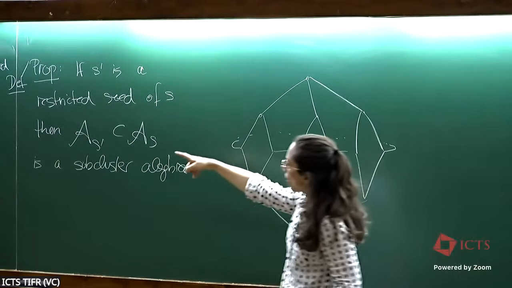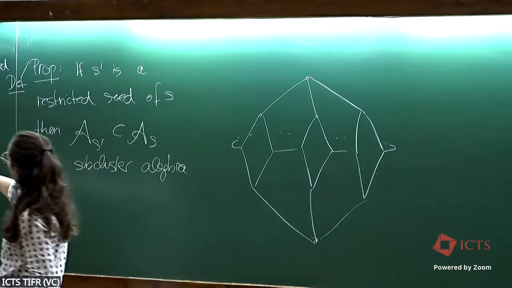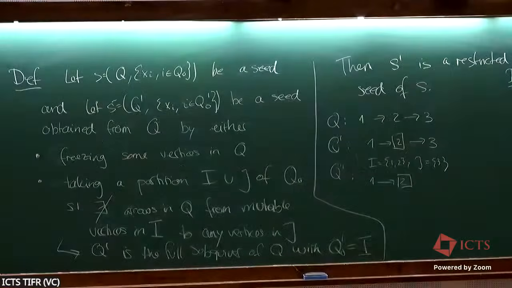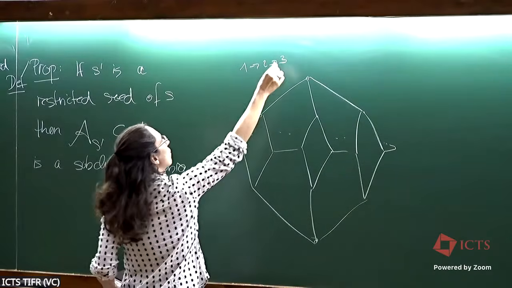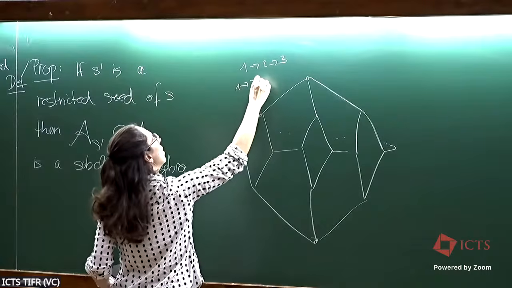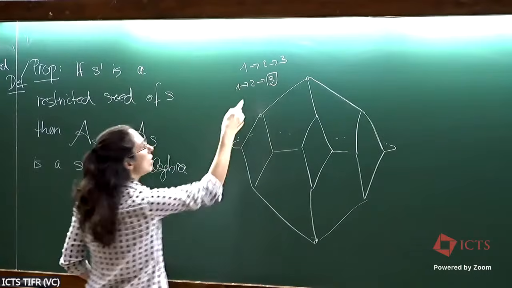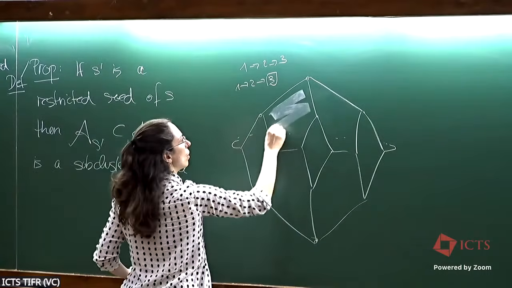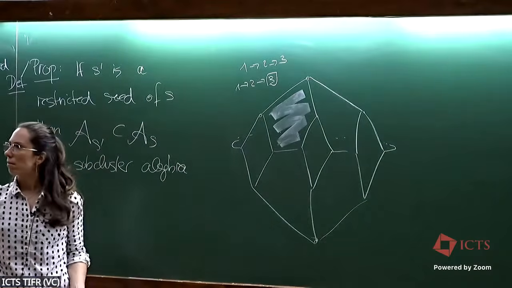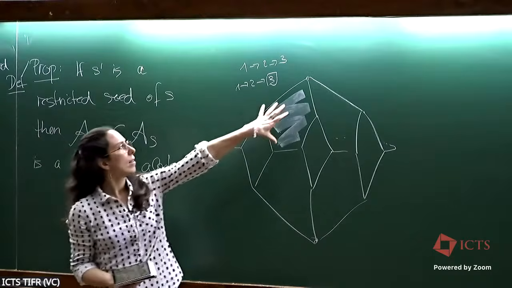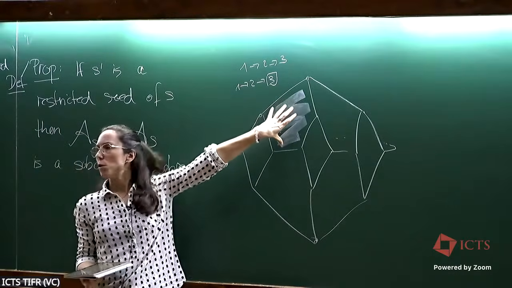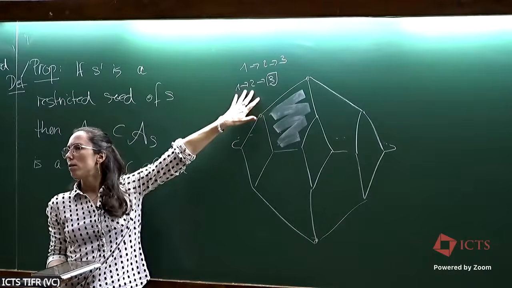If I would now go to, maybe let's do another one. Let's say this one is 1, 2, 3. And let's just consider freezing 3. This would correspond to one of those pentagon faces. So all the seeds that correspond to this pentagon are seeds for my subcluster algebra.